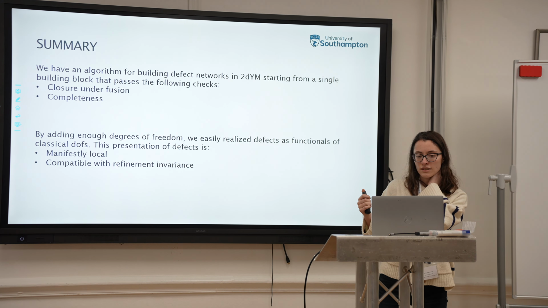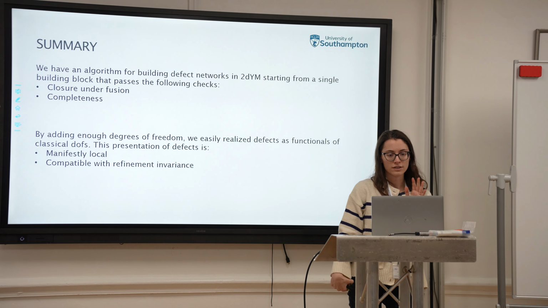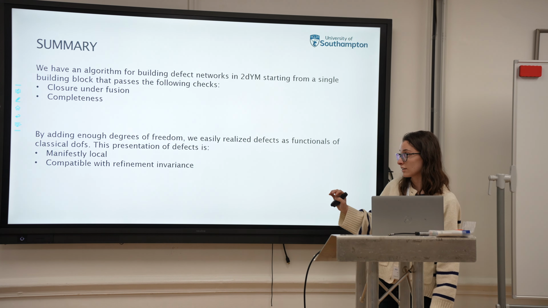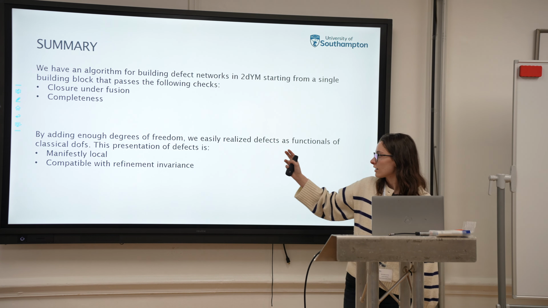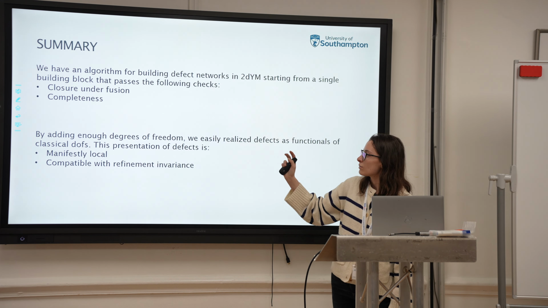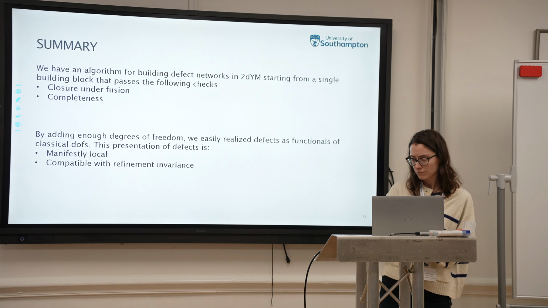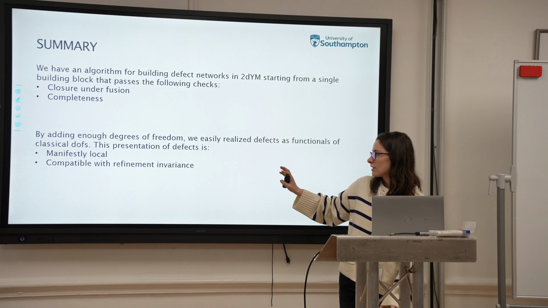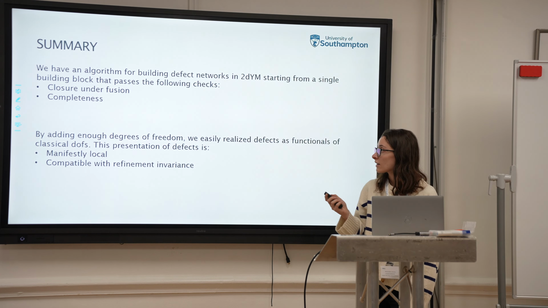We obtained this by adding enough degrees of freedom so that we could realize all defects as functionals of classical degrees of freedom. And I hope that I convinced you that this is a very easy way to describe defects, a very functional way. And everything is manifestly local and is compatible with all the nice properties of 2D elements.